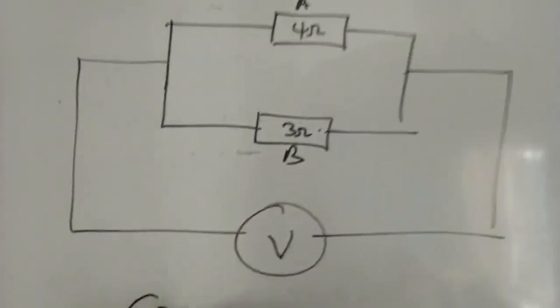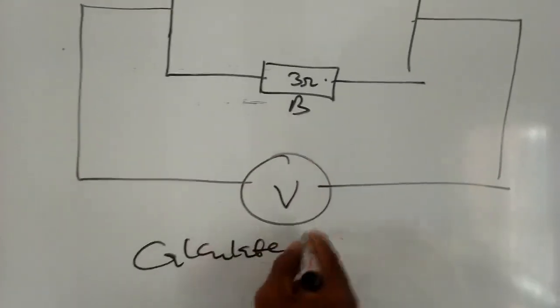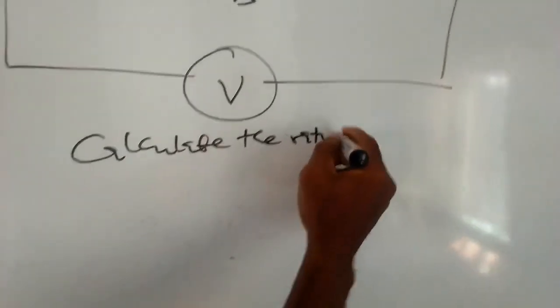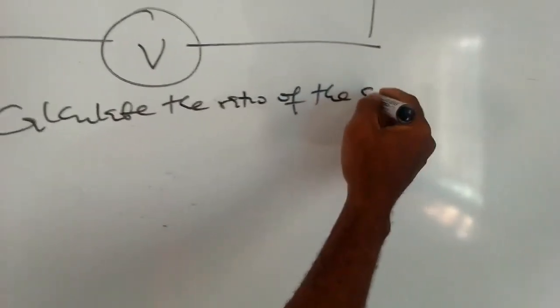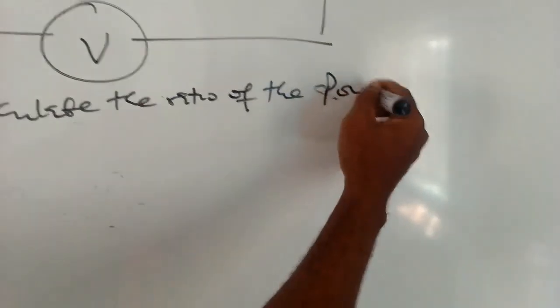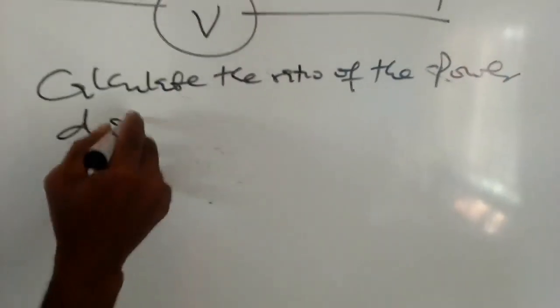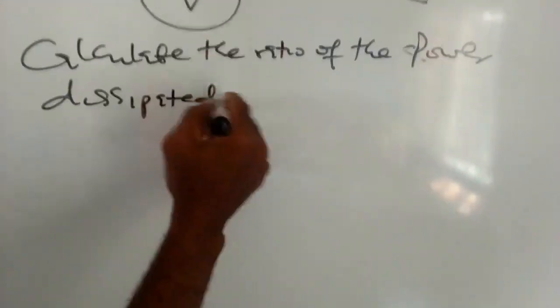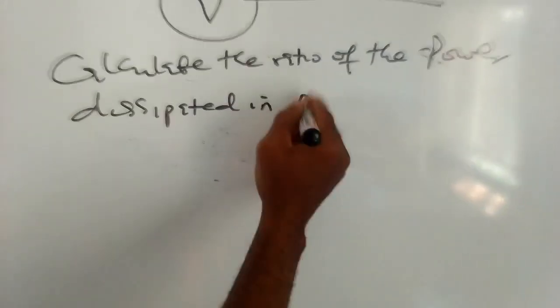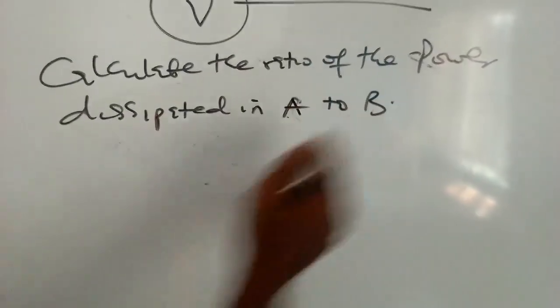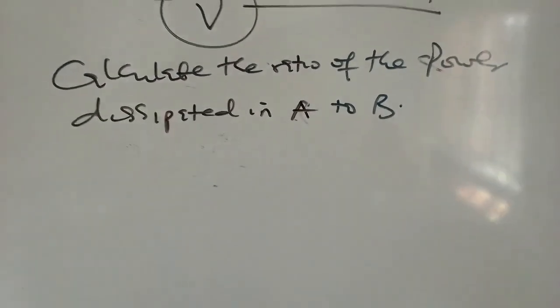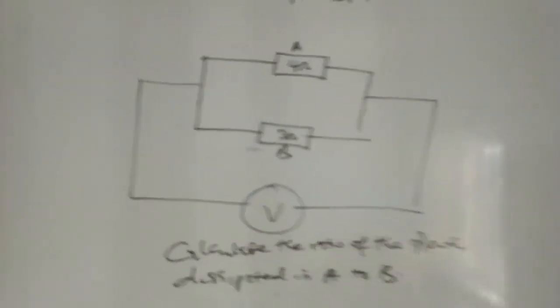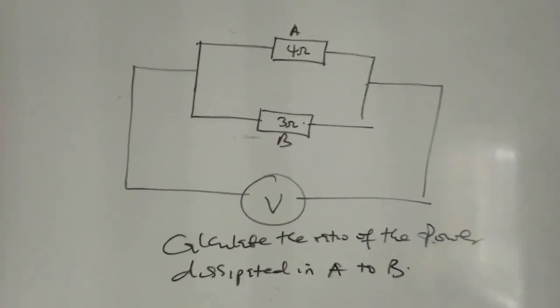Calculate the ratio of the power dissipated in A to B, based on the diagram given to us here. This is the diagram.